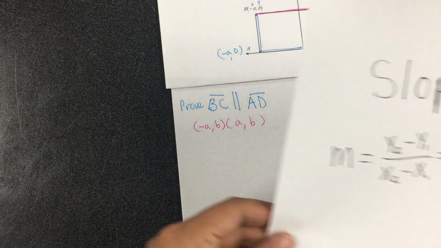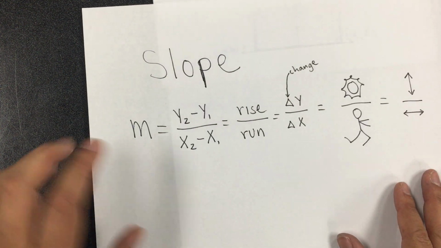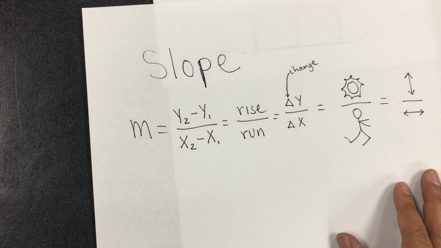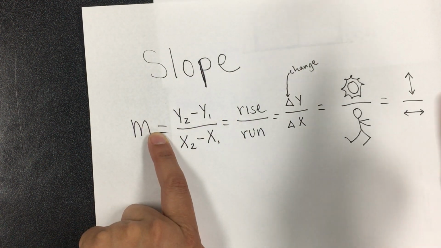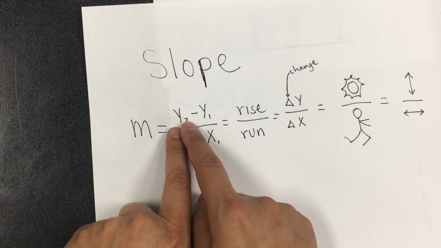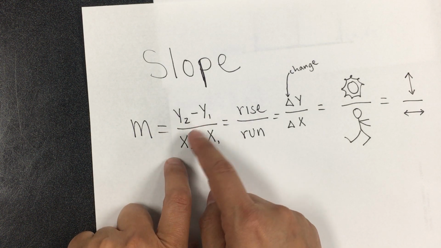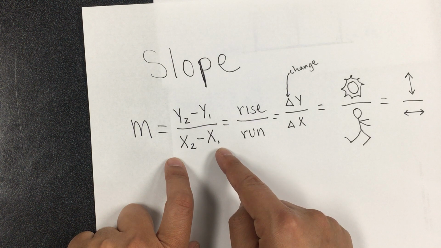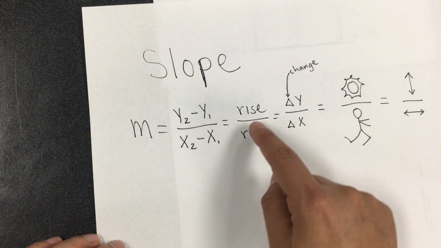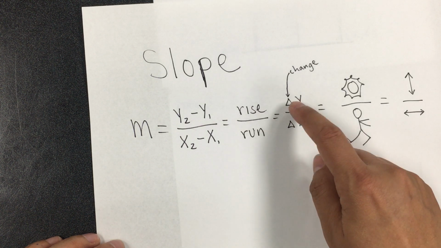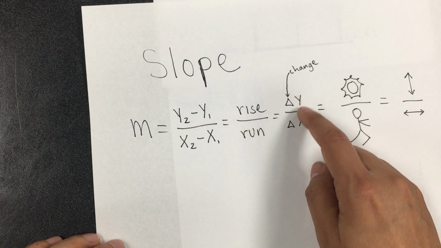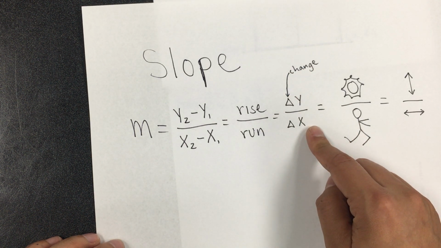And then I just start using the slope formula that I'm gonna show you here. You probably remember this. These are different forms of representing the slope, and the slope is represented with m. You already know that, but it's equal to y2 minus y1 over x2 minus x1. And you might recall that that's the same thing as rise over run, or the change in y over the change in x.